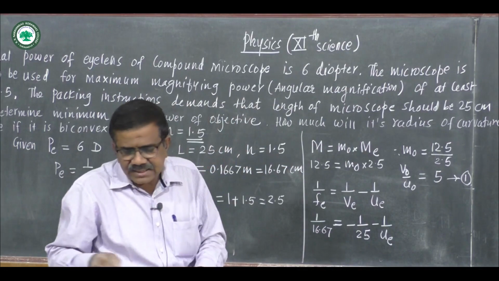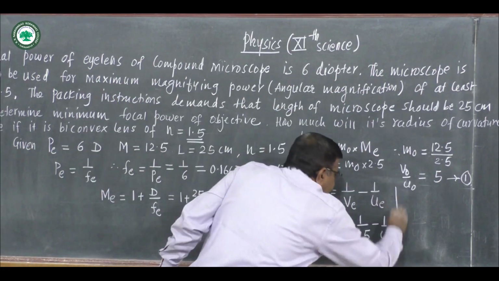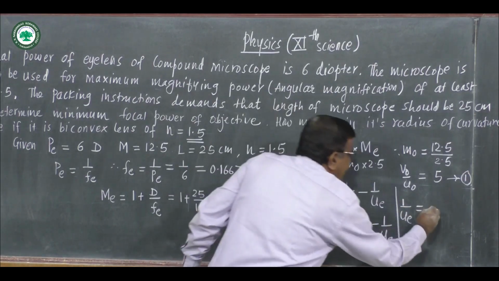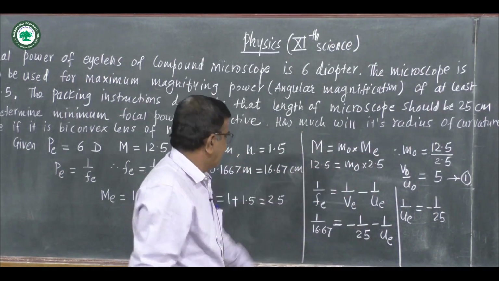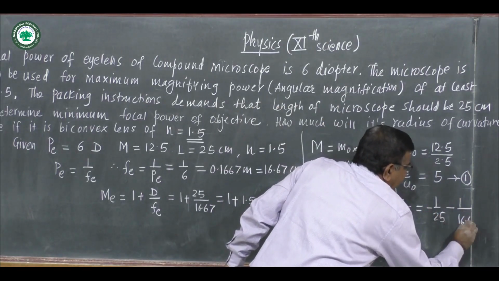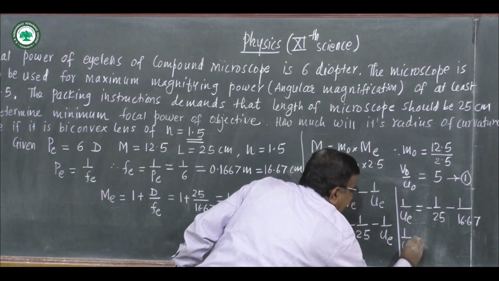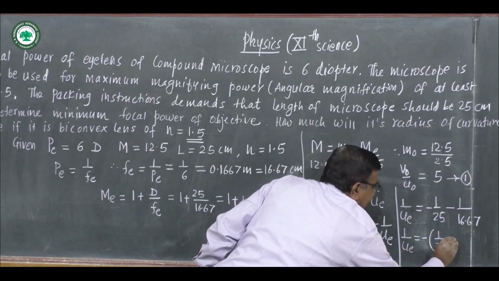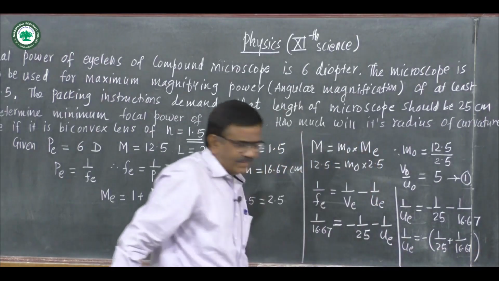Hence we find this 1 upon UE as minus 1 upon 25 minus 1 upon 16.67. Taking minus as common, 1 upon UE is 1 upon 25 plus 1 upon 16.67.